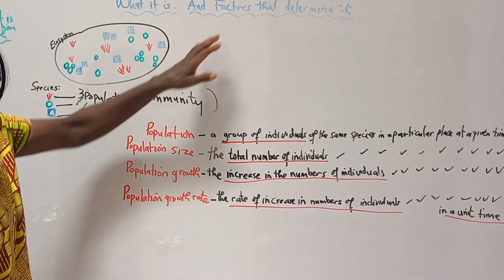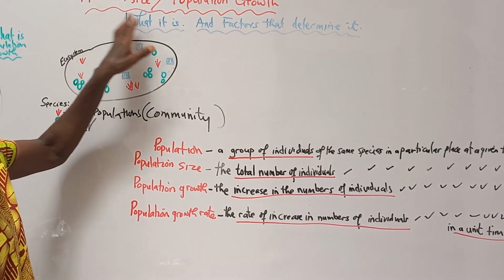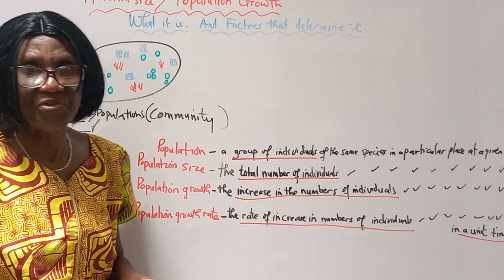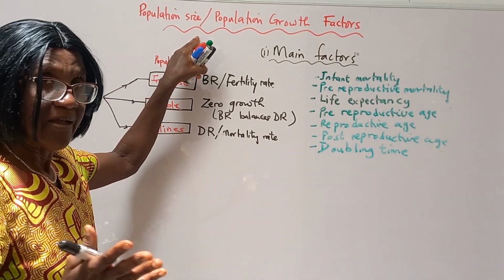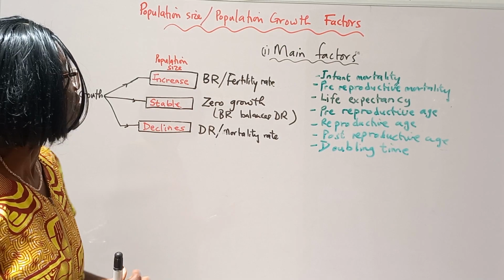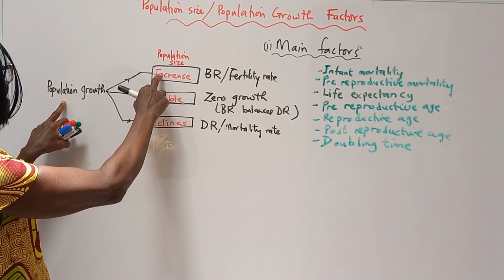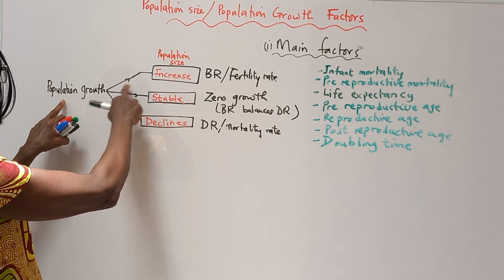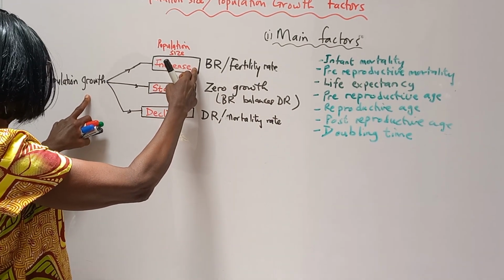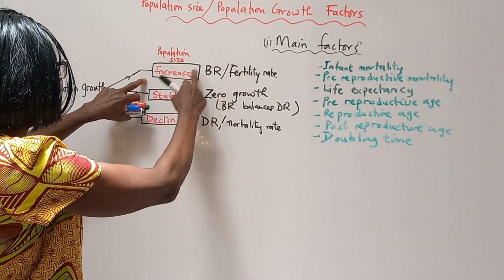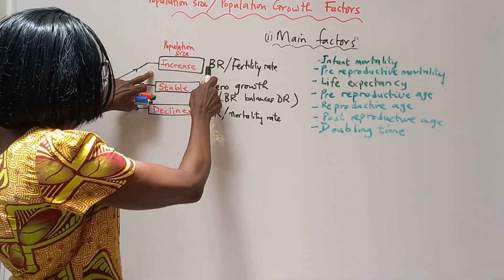Now let's look at the factors that determine the population size and so the population growth. We have population growth. As population size increases, it brings about growth. So there's increase and then there's growth, and the factor that brings about population growth or increase is birth rate.